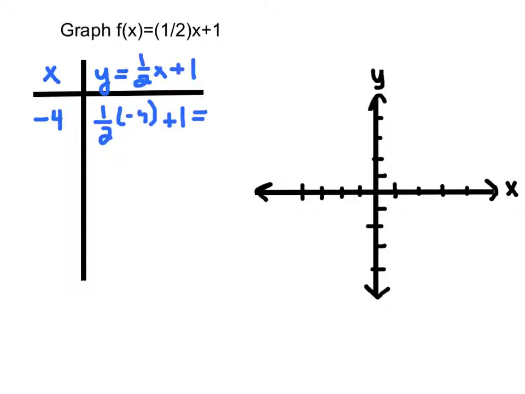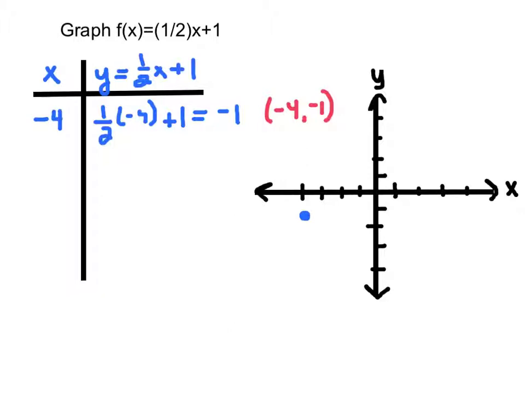And when I complete the arithmetic, 1/2 times -4 is equal to -2. -2 plus 1 is going to give me -1. This is going to give me the ordered pair (-4, -1). And so one of the elements in my relation is (-4, -1), and I'm going to go ahead and graph (-4, -1).